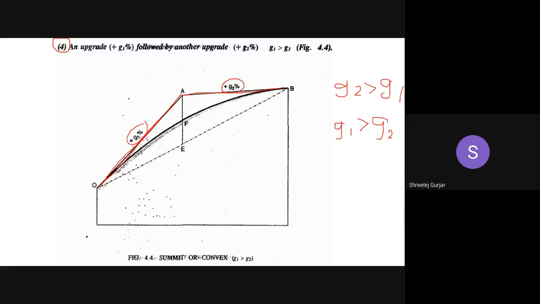It is less compared to the first grade. To join these two gradients, we use a vertical curve. So this is the fourth type of a vertical curve and the second condition. The first condition is G2 greater than G1, and the second condition is G1 greater than G2.